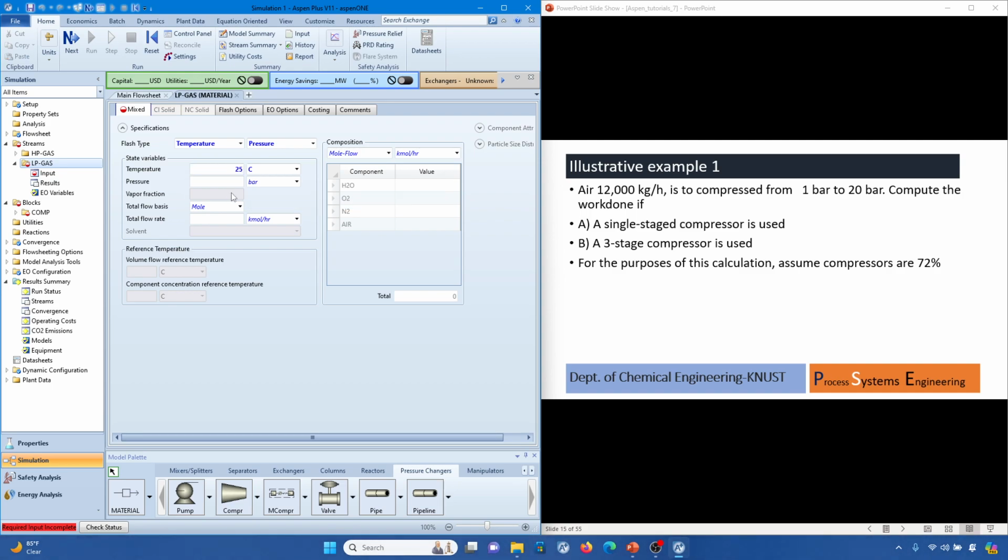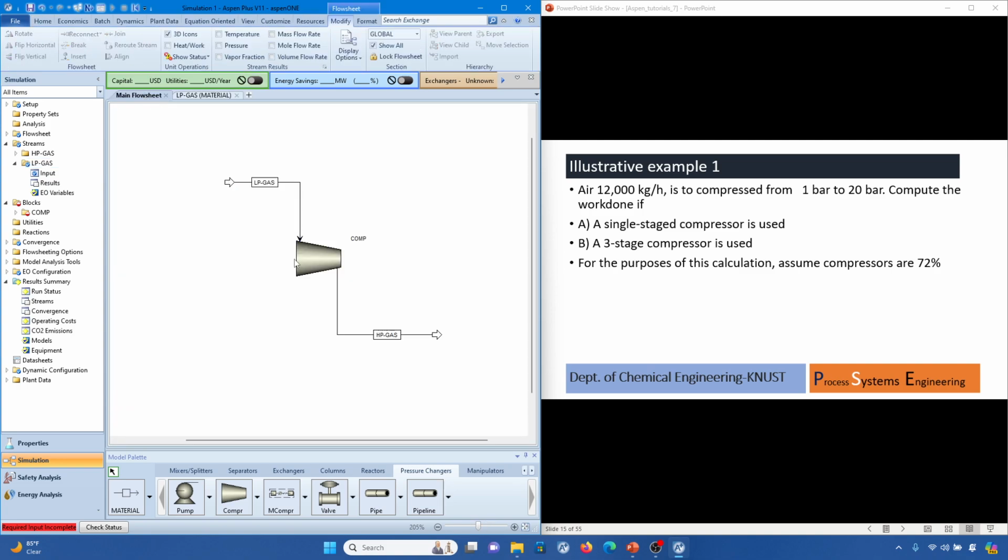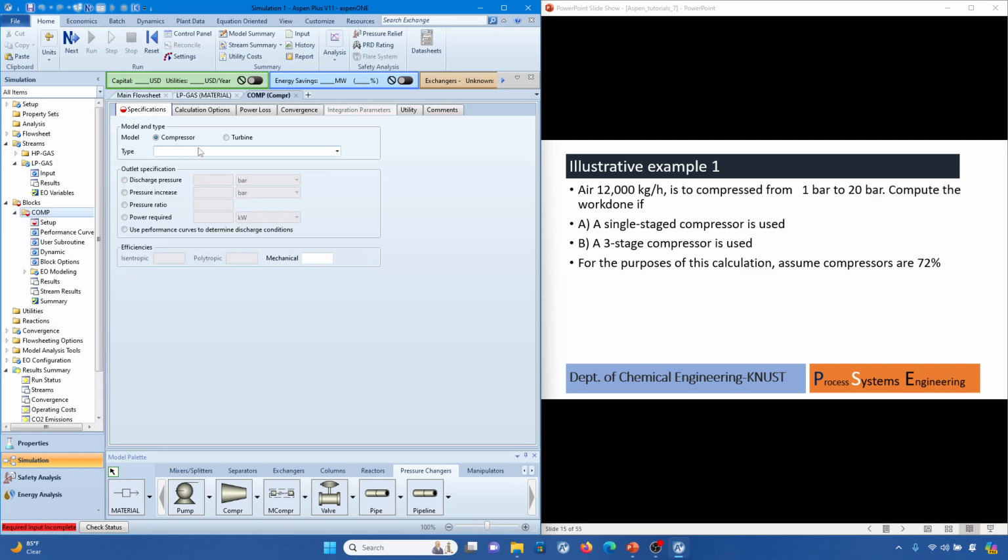Still room temperature, 1 bar, mass flow rate of 12,000 kilograms per hour. Then we go to our compressor block specification and choose polytropic.